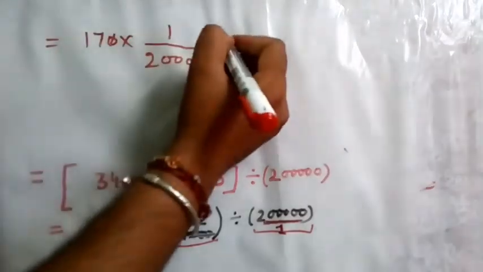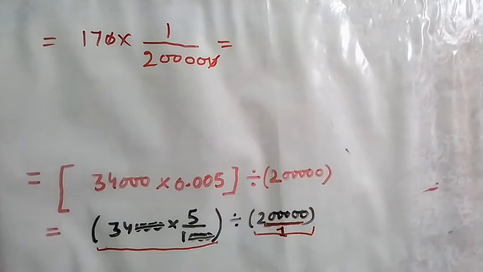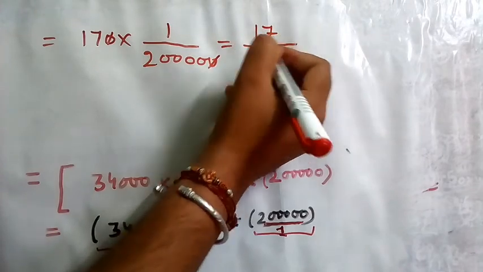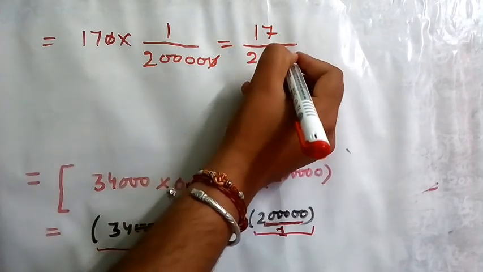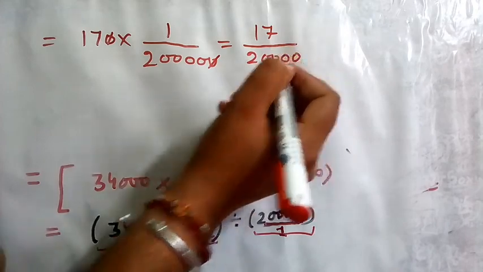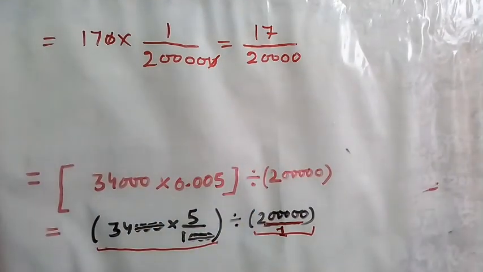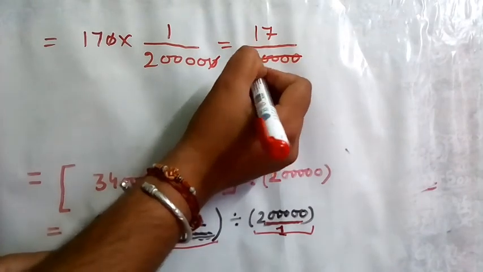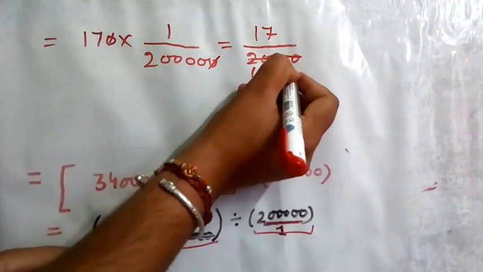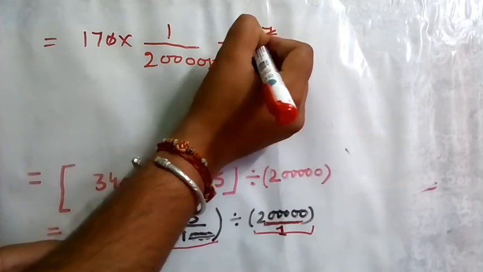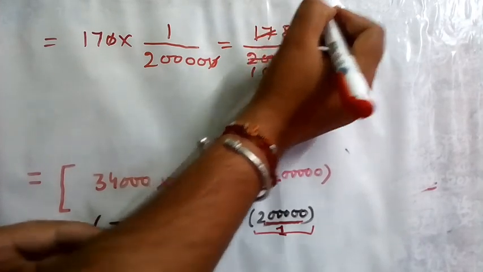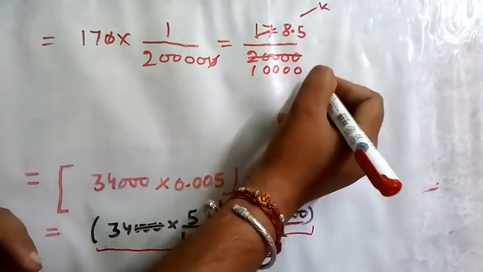So 1 0 is cancelled. Now I am using the shortest method. How? Let us divide both of them by 2 first of all. So 17 in the numerator, and in denominator we have 20,000. So divide them by 2 now. 2 1s are 2. 20,000 will be there, and in numerator 17 divided by 2 will be 8.5.